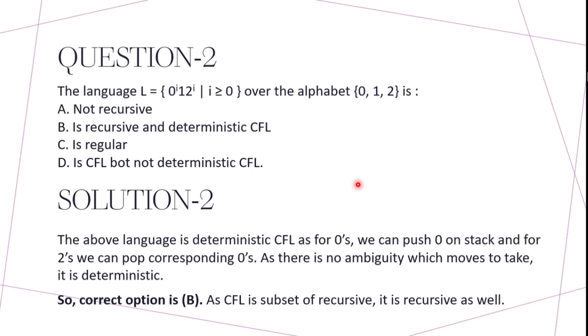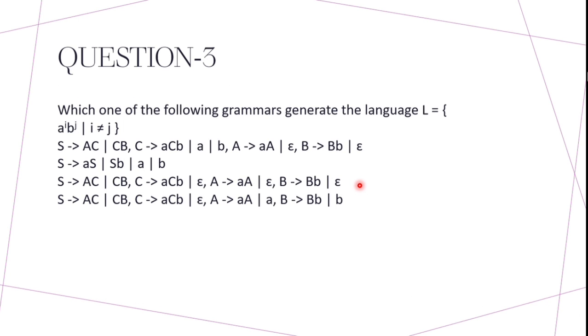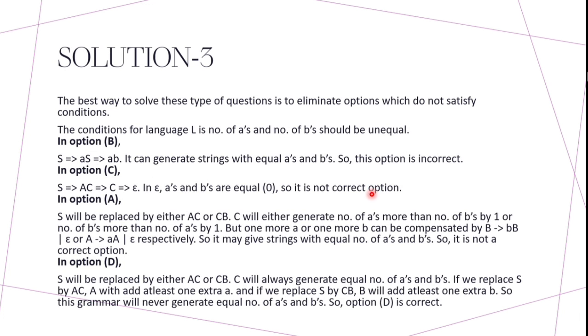Now for question 3, which of the following grammars generate the language L equals a raised to power i, b raised to power j, where i is not equal to j? The best way to solve these types of questions is to eliminate options which do not satisfy the conditions.